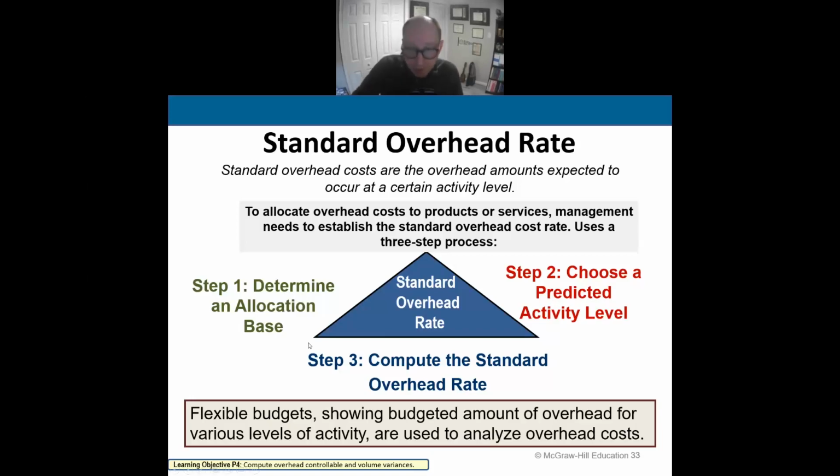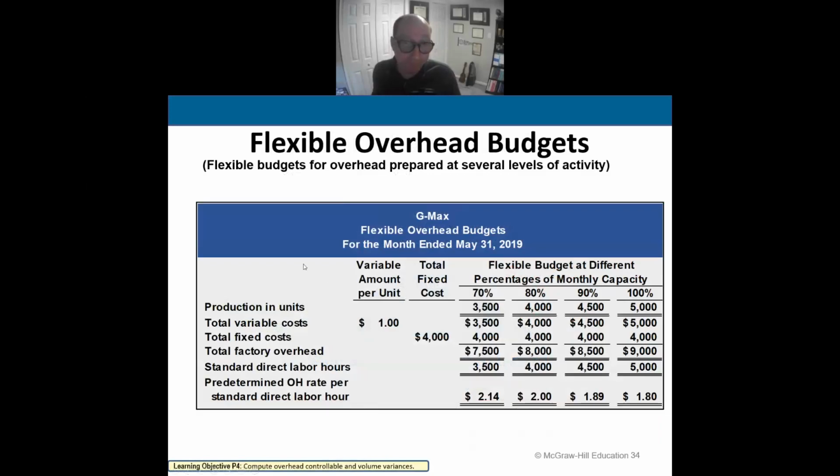With flexible budgets, the overhead rate might change based off of the level of activity. Here's an example of how the predetermined overhead rate per hour would change with the level of activity. And why would it change? Well, if there's more labor involved, then of course the overhead rate will change because it's based off of labor hour rates.